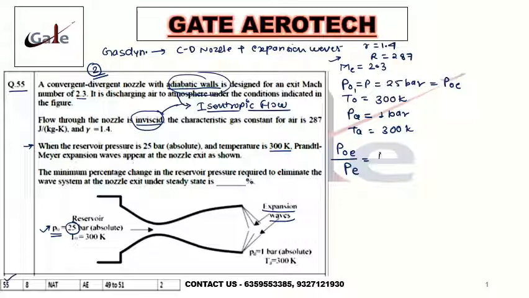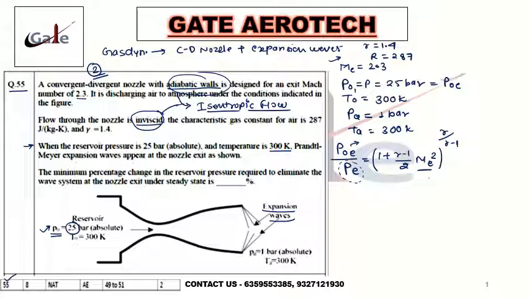Now if you see this formula, I hope you remember what formula this is. We know P naught E and ME, so we can calculate PE from here. Why am I calculating that?